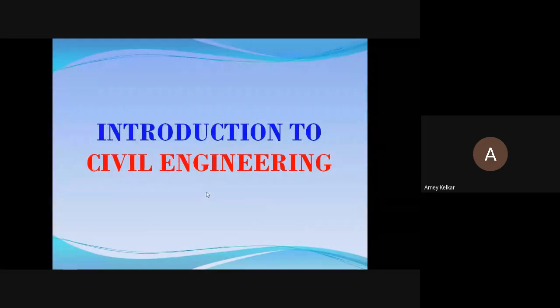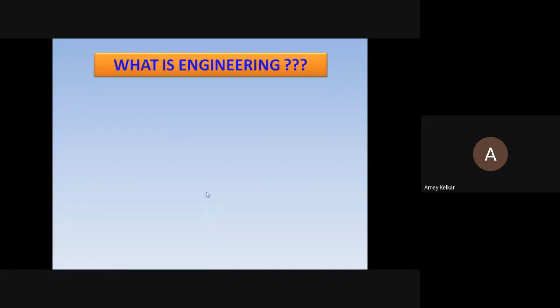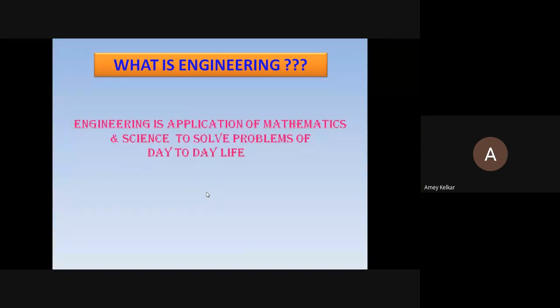So, introduction to civil engineering. The first lecture will be an introduction lecture wherein I'll not start with the exact core syllabus, but let's understand what is civil engineering. But before that, I think we should know what is engineering. As per me, engineering is the application of mathematics and science to solve problems of day-to-day life.